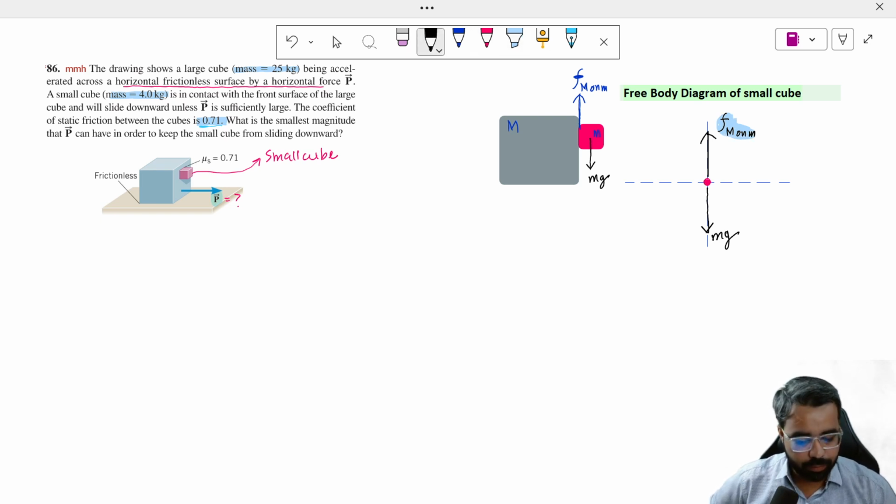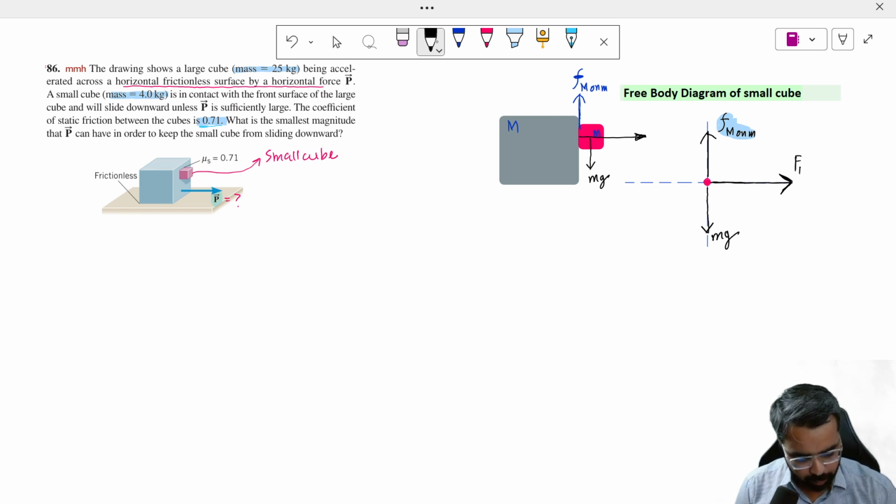And what is the third force? Don't forget, this is a normal force, a contact force applied by the larger block on the smaller block, because it is pushing this block in this direction. Can I say that this is an unbalanced force?